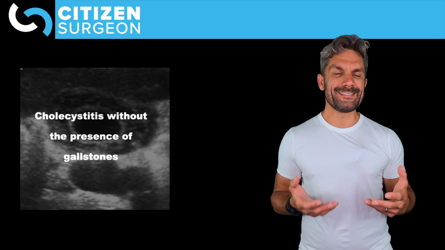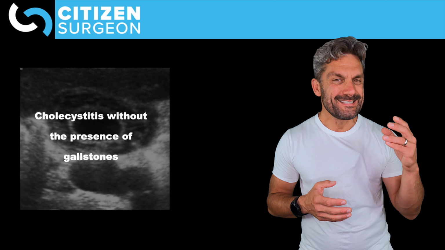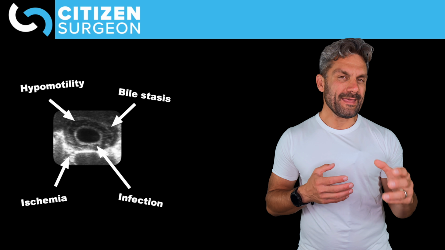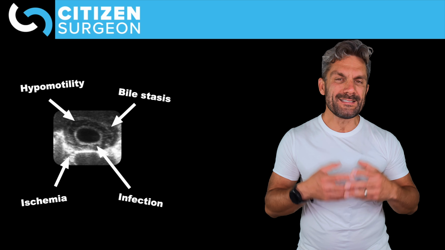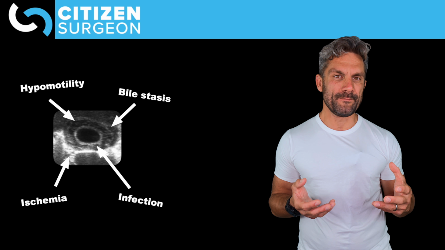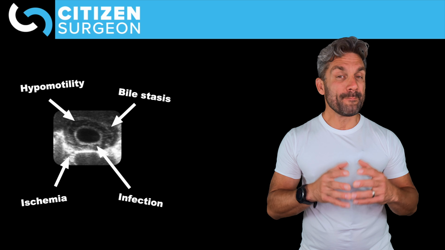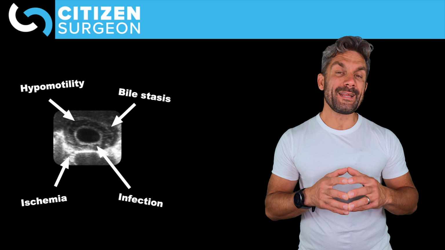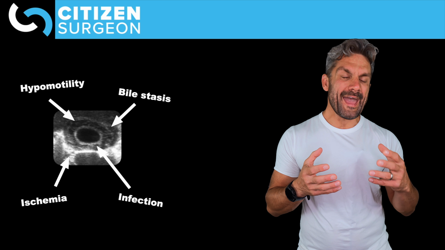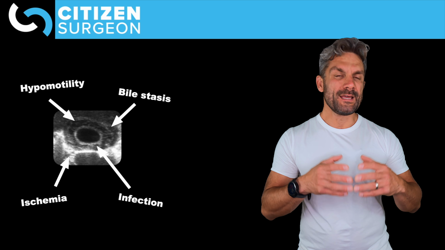Well, why does this happen? This typically happens because we get stasis of the gallbladder. The cystic duct can be obstructed, but we get gallbladder stasis because the patient is so critically ill. We're going to have increased pressure within the gallbladder, and then much like in acute appendicitis, with that increased pressure, we're going to get mucosal ischemia, and that is going to worsen and worsen until the gallbladder becomes necrotic.